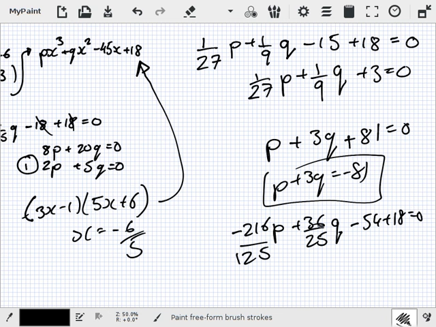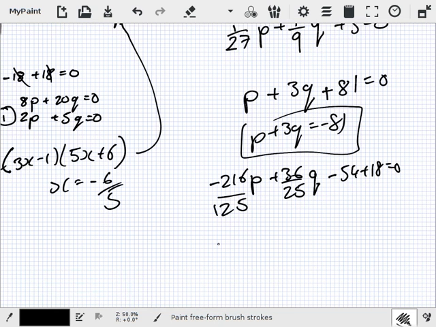I should multiply by 125: minus 216p plus 180q, cubed. And then minus 54 plus 18 is minus 36, minus 36 times 125 is 4,500. I'm sure there's a number that divides into all of them. 9 goes into all of them.